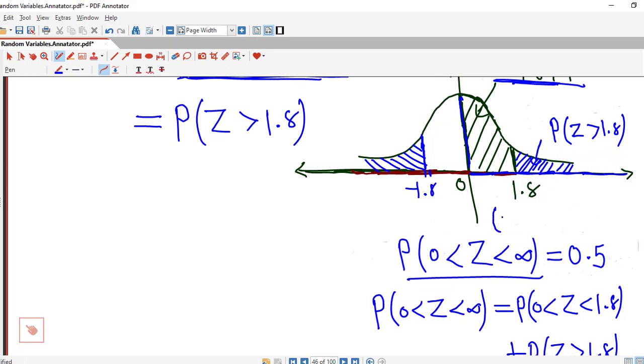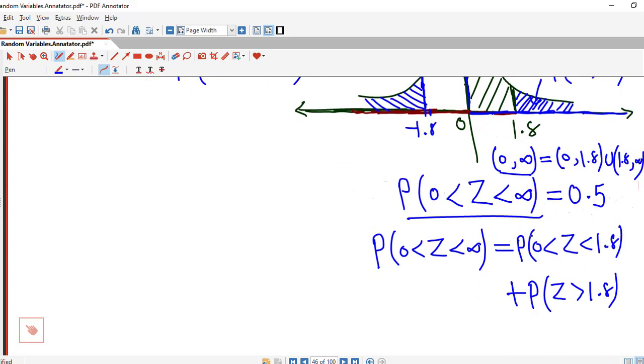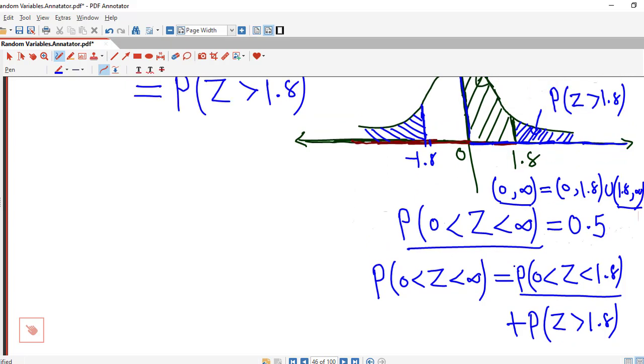We are considering this interval from 0 to infinity as the union of the interval from 0 to 1.8 and 1.8 to infinity. So the area between 0 and infinity will be equal to the area between 0 and 1.8 plus the area between 1.8 and infinity, that is Z is greater than 1.8. Now this area is 0.5.